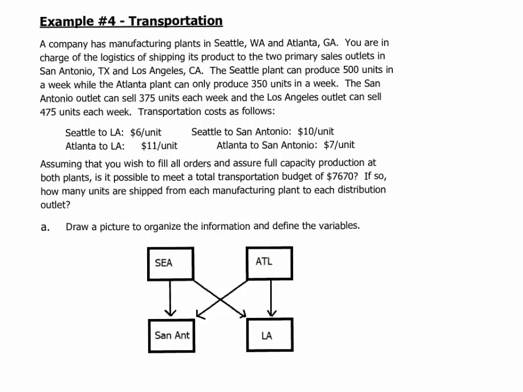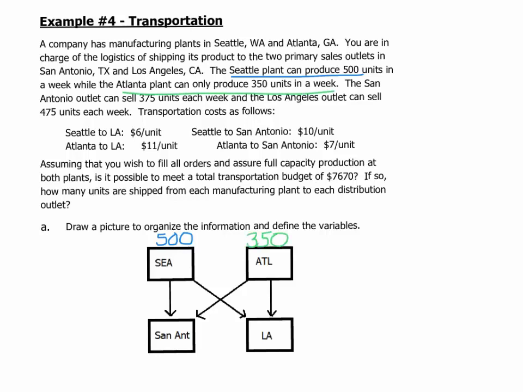I've drawn a picture that we can use to get an idea what types of information we have going on here. They told us in the statement of this problem that the Seattle plant can produce 500 units. So each week the Seattle plant has 500 units leaving the plant and going to the 2 different outlets. The Atlanta plant can produce 350 units.